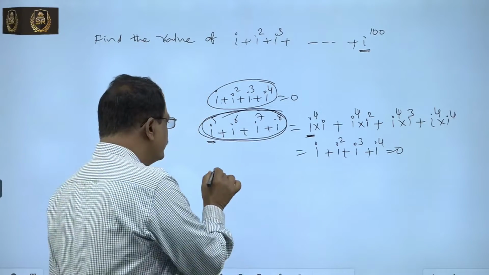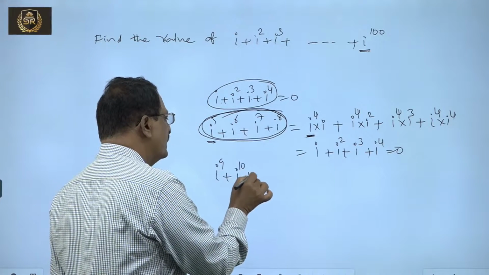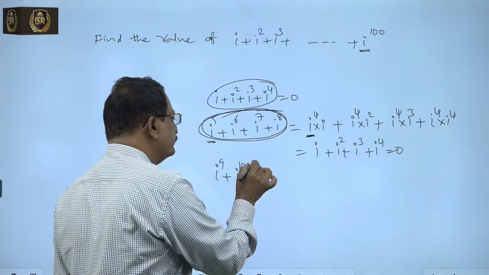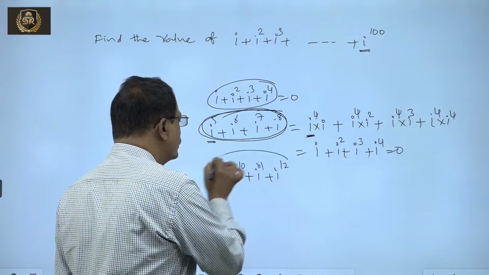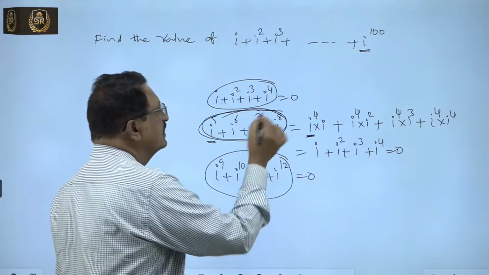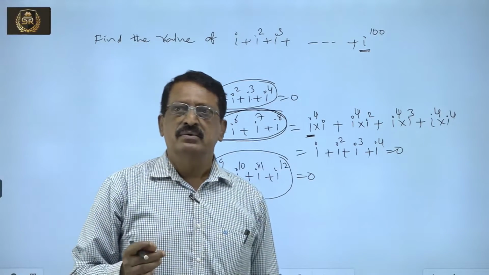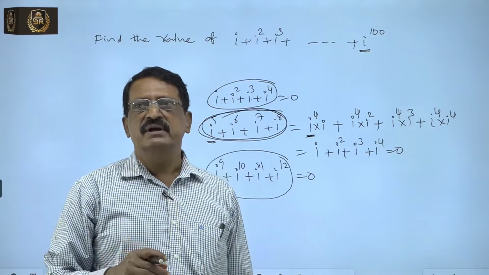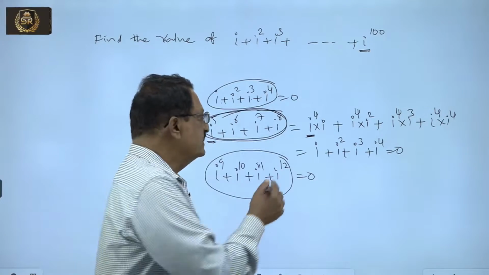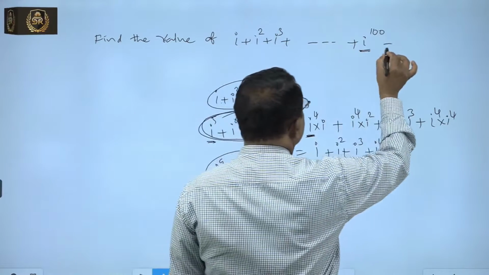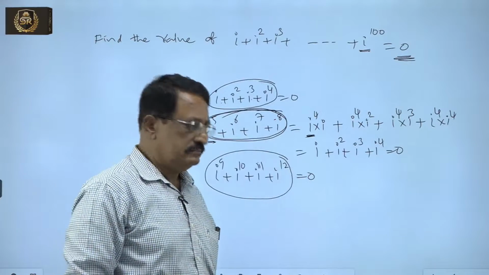Next group, similarly i to the power of 9 plus i to the power of 10 plus i to the power of 11 plus i to the power of 12. It is one group. It is also equal to 0. Like that we get 25 groups. Each of the 25 groups equals 0. Therefore the value is 0.